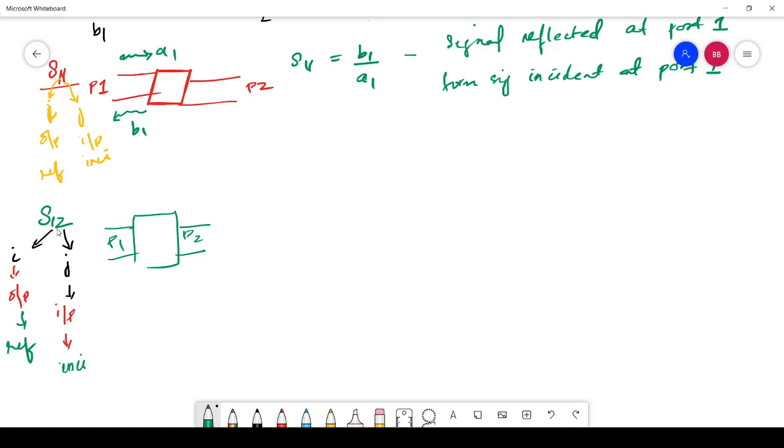So S12 I can write like output by input. Which is output? I, that is 1. So B1 is my output by input. So input is J. Which is J here? 2. So this is A2, right?